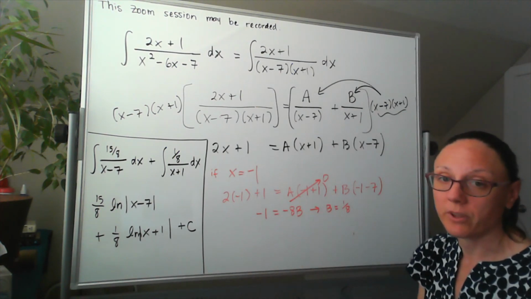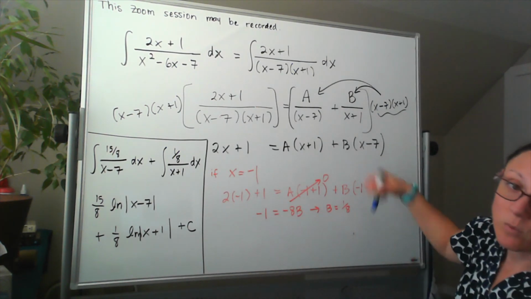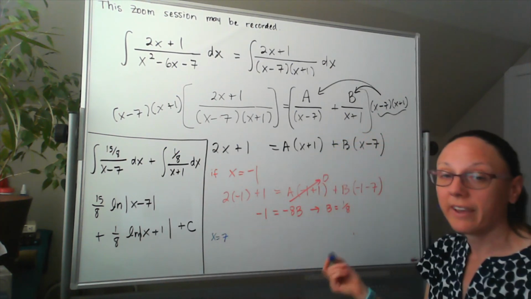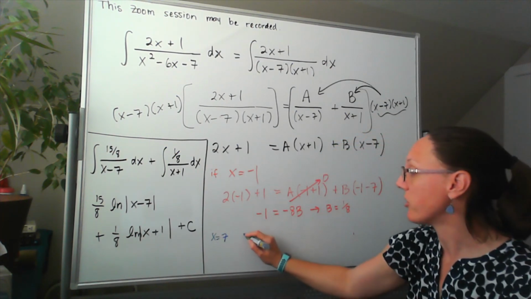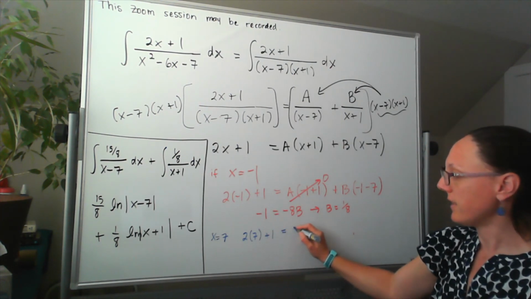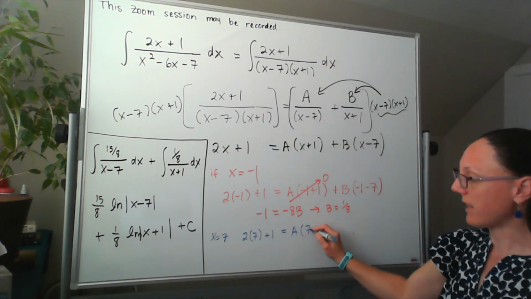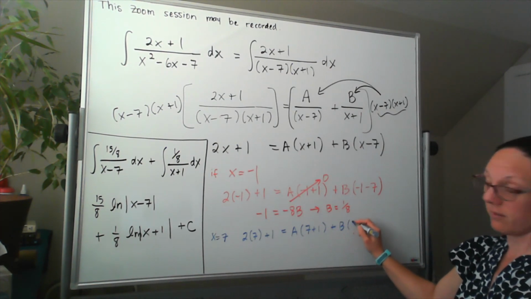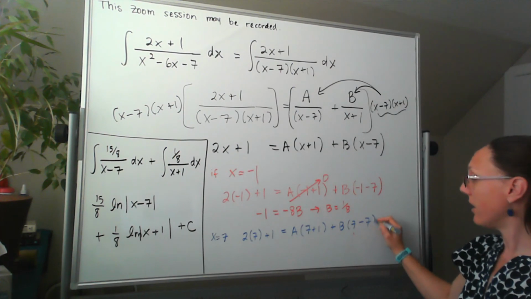Our other nice number that we're going to choose is x equals 7. Plugging x equals 7 into our entire equation, I have 2 times 7 plus 1 is equal to a times 7 plus 1 plus b times 7 minus 7.